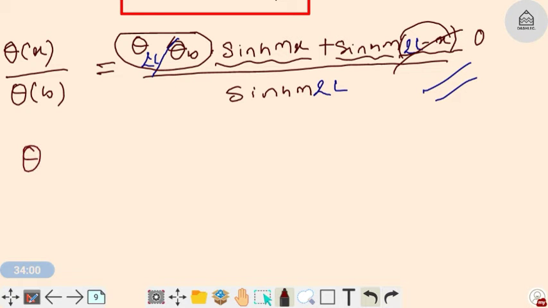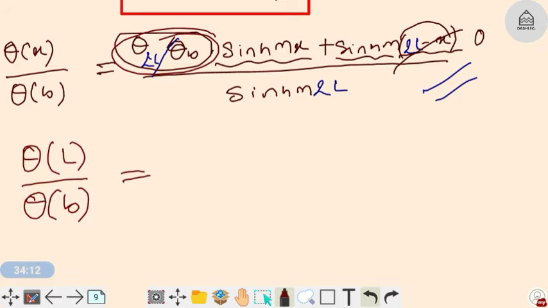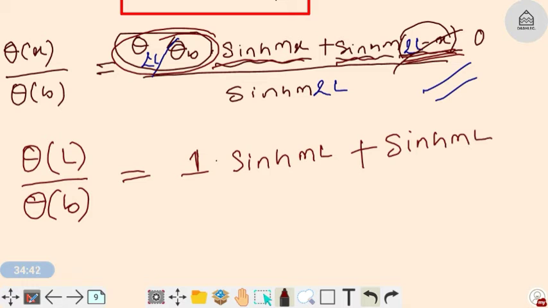Now I will put x equal to L in theta x divided by theta b. This term theta 2L by theta b is 1, as I have said just before, into sine hyperbolic ml, plus sine hyperbolic m into 2L minus x. x is L, so 2L minus x gives sine hyperbolic ml, yes or no?